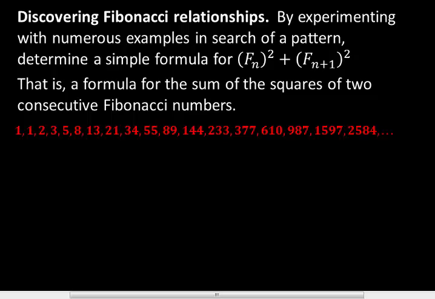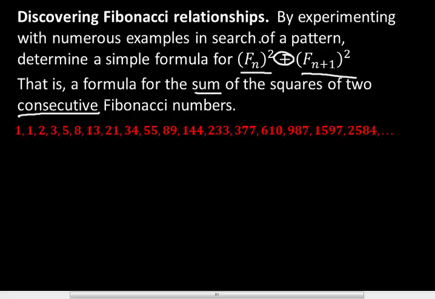And the key to being able to learn mathematics is to understand what each one of those words means. You know that this is the nth Fibonacci number, and this is the next one. So look, a formula for the sum, it's right here, the sum of the squares, notice each one of them is squared, the sum of the squares of two consecutive Fibonacci numbers.